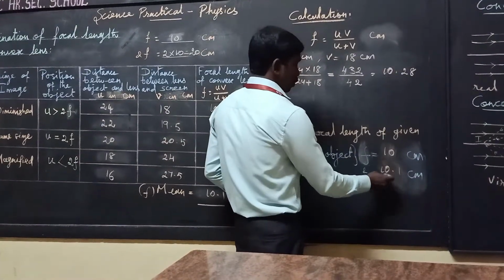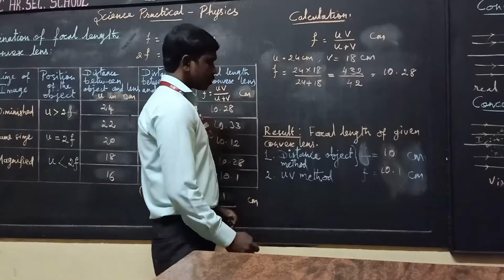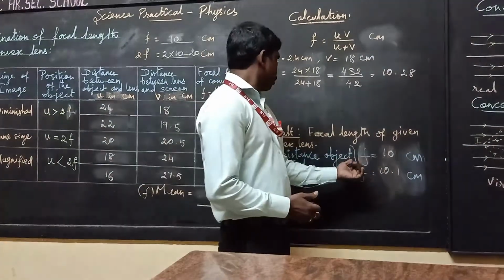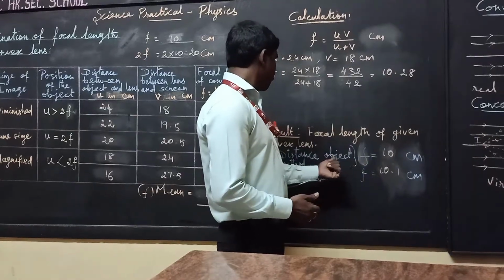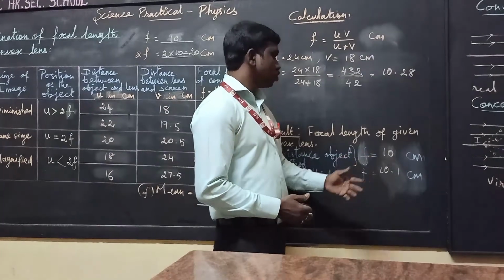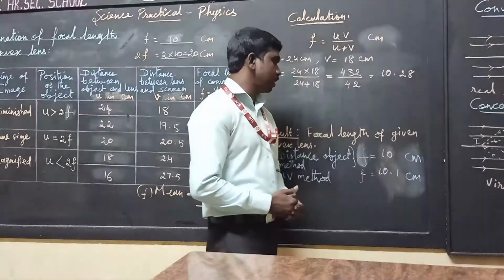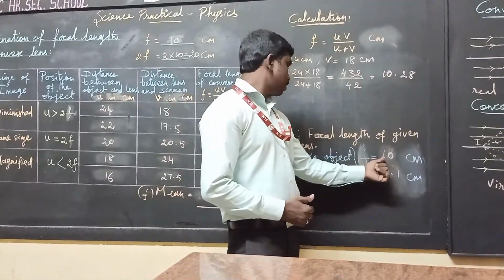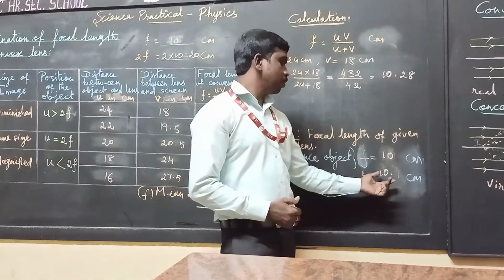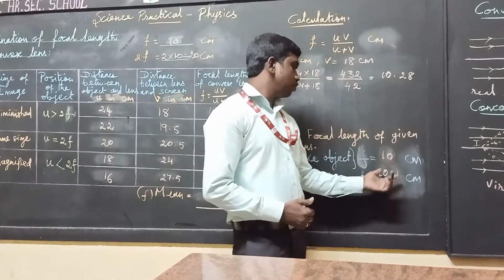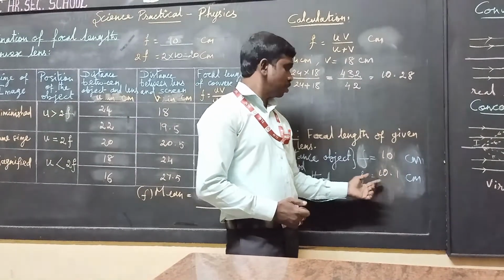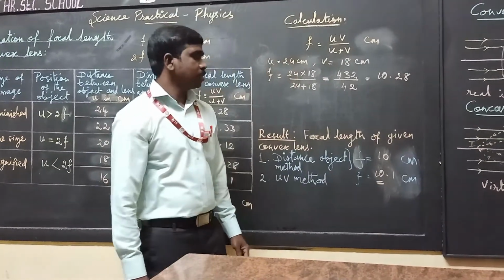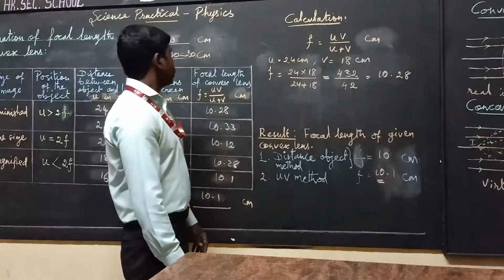If we compare these 2 methods, the distance object method and the UV method, there is not much difference between the 2 data. From the distance object method 10 centimeter, UV method 10.1 centimeter. We consider the number 10. So 10 is the focal length of the given convex lens.